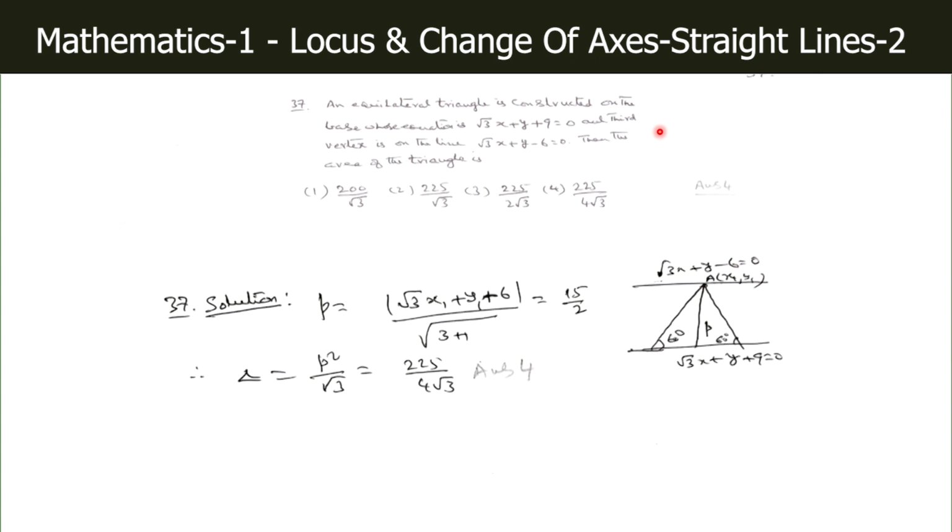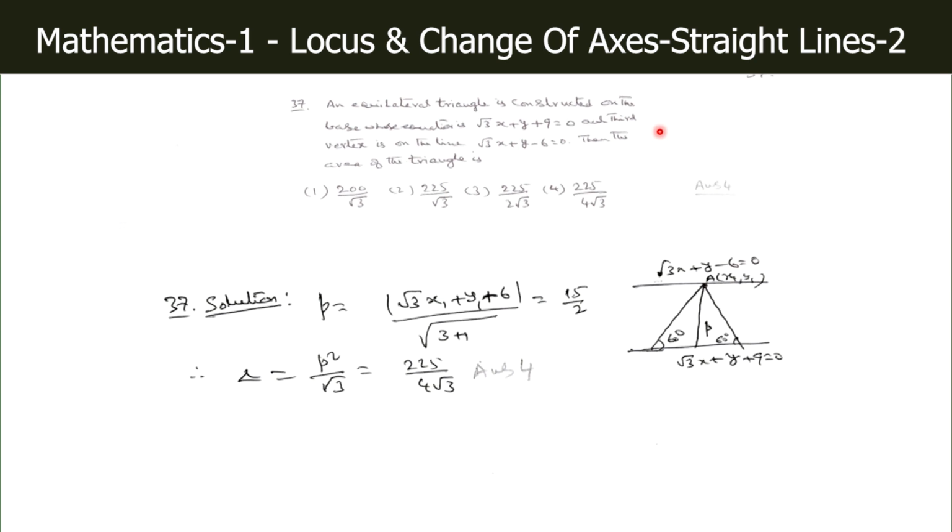So then the area of the triangle, please see, suppose the vertex opposite to the base root 3x plus y plus 9 equal to 0 is x1, y1. So, therefore, the length of the altitude is root 3x1 plus y1 plus 9 by square root of 3 plus 1. But x1, y1 lies on the line root 3x plus y minus 6 equal to 0.